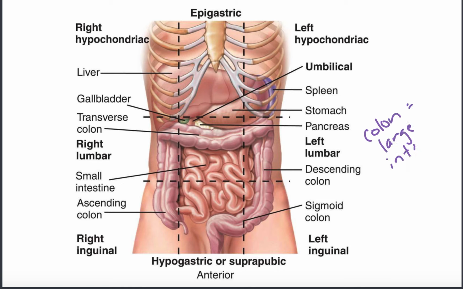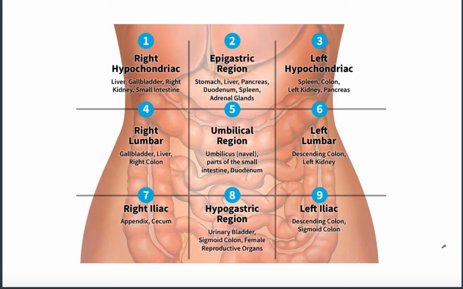So colonoscopy is when they're videoing and diagnosing your large intestine. And this is just another way of imaging the regions and the organs associated with the regions. Oh, and if you see the word duodenum, the duodenum is a part of the small intestine.